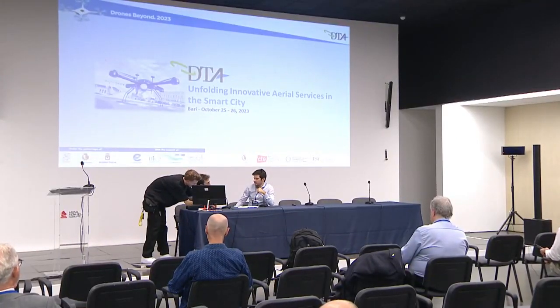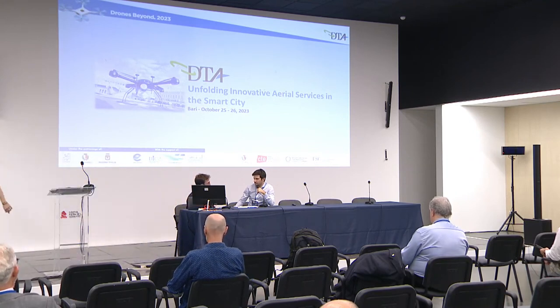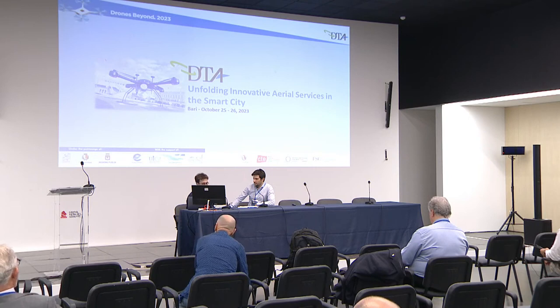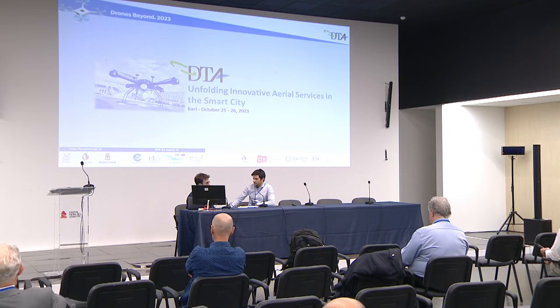Our docking station is the point of communication to our ground control station that we will see in this demo. It's called Dronus Planner. It helps our system to communicate with the drone and download data in real time and, in a second time, after the mission.